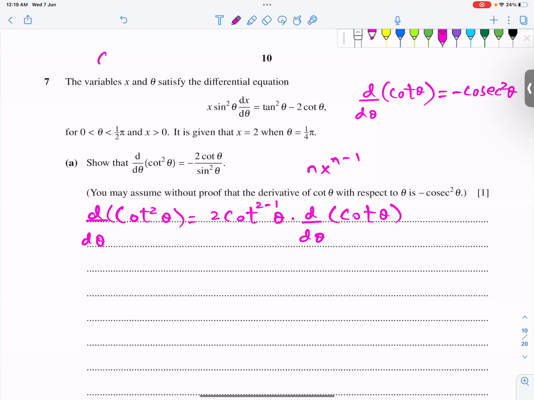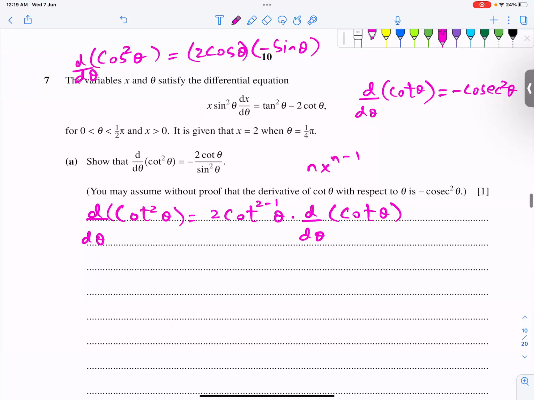Similar to cos square theta, we did so many times that the derivative of cos square will be 2 cos theta, and then the derivative of inside that will be minus sine theta. So similar to this, it will be 2 cot theta times the derivative of cot theta, which is given in the hint, minus cosecant square theta.